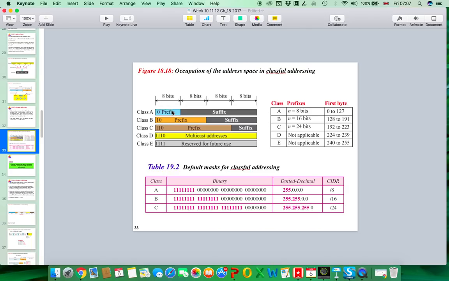In class A, you have 8 bits allocated for the network, and you have 24 bits allocated for the host.